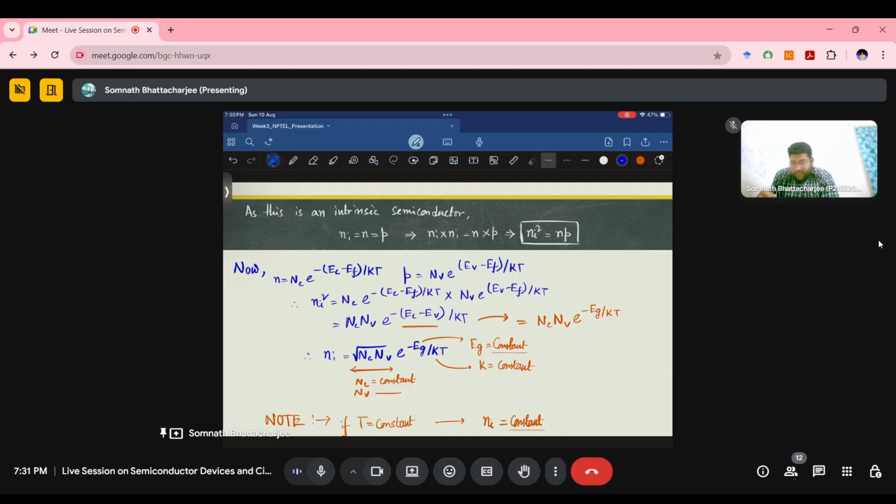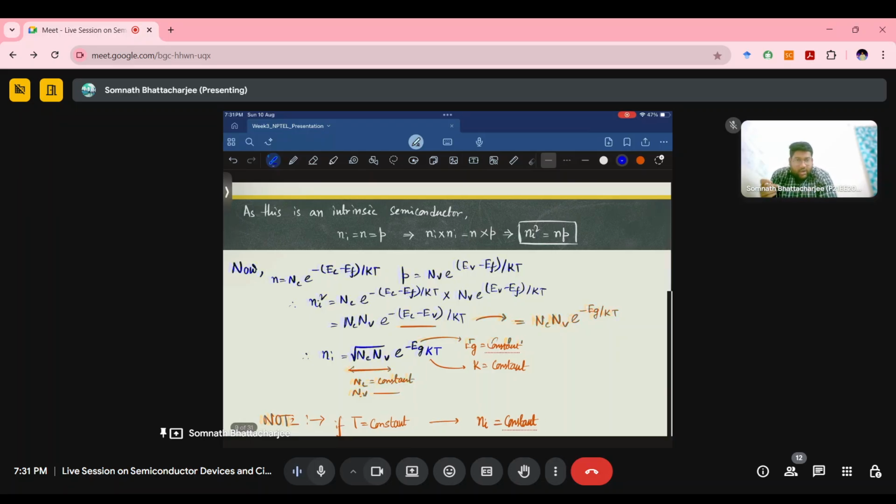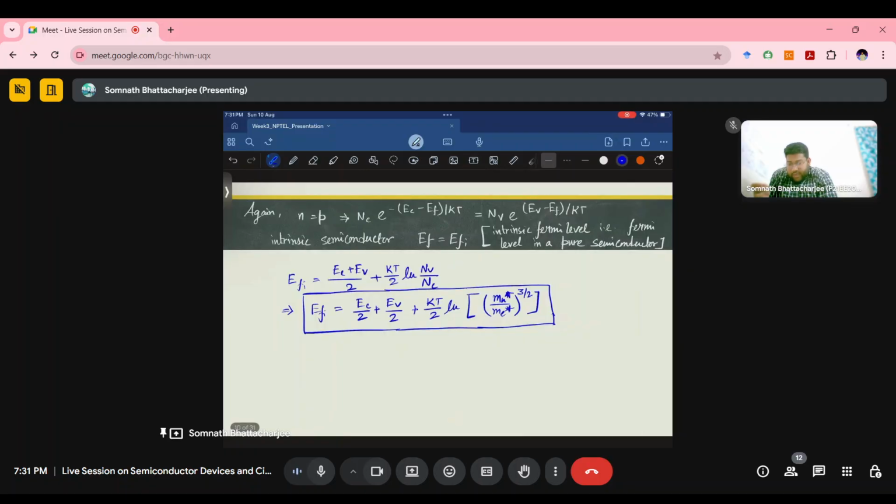Based on that we have got the intrinsic carrier concentration, which is nearly a constant if there is no change in temperature. And we have calculated the value of the intrinsic Fermi level, which is the basic Fermi level, but as this case is intrinsic, we are writing it as the intrinsic Fermi level.